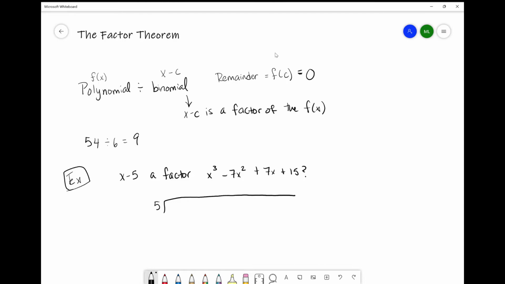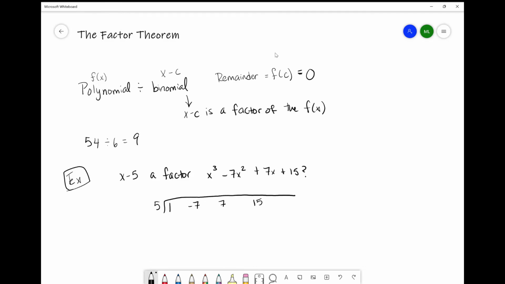Inside of it are each one of the coefficients. The first is x cubed, the coefficient is 1. The coefficient of the next degree, x squared, is negative 7. The coefficient of x is 7. And then my constant is 15.